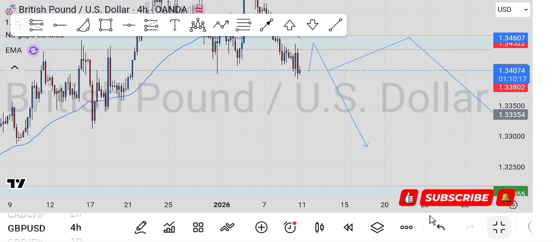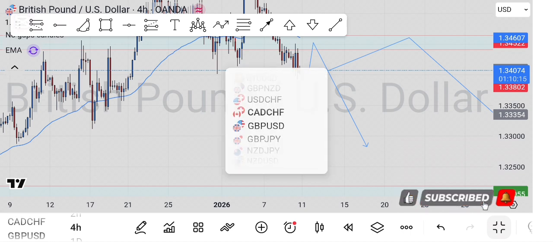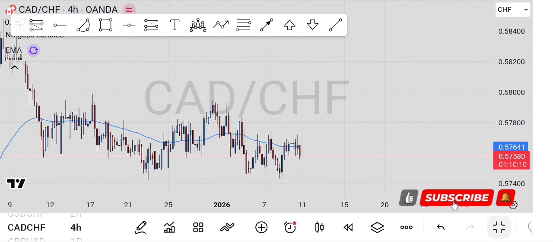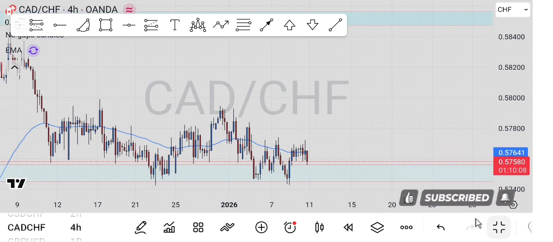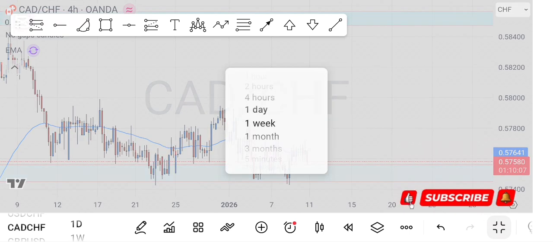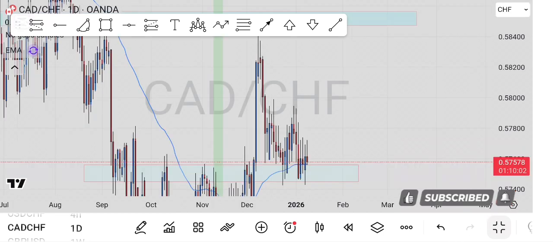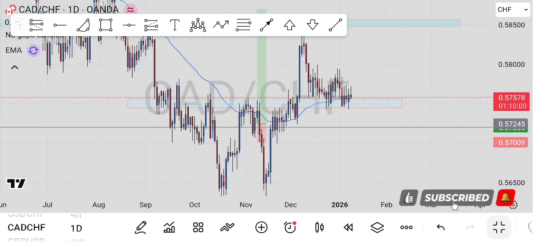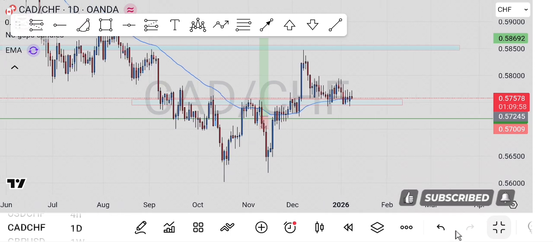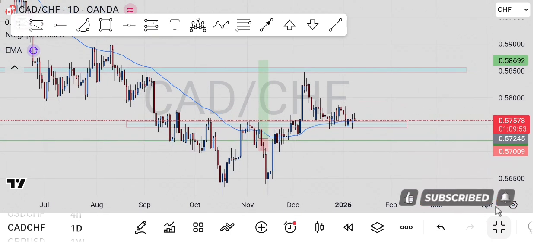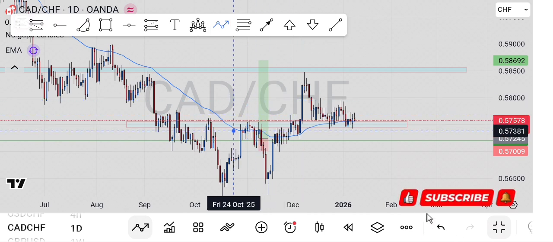So this is what I'll be expecting on GBP USD, and then CAD CHF. I'm expecting this market to go bullish. From here we had a break of this structure here.